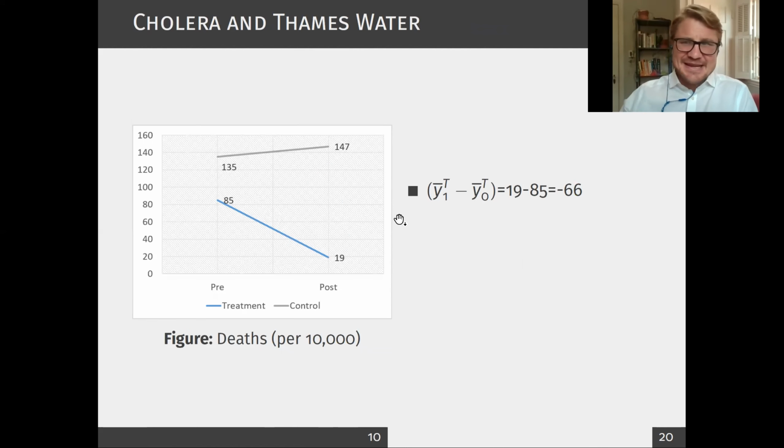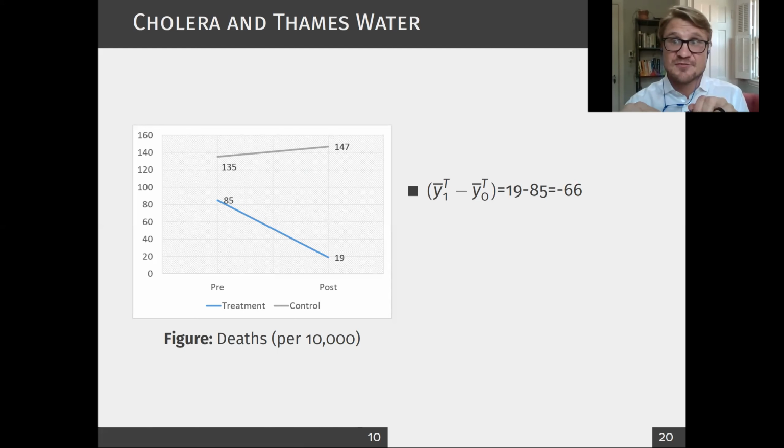And so let's quickly revert back to this cholera case that the king of diff in diff, John Snow, discovered for us. In this case, you have the treated group. The trend in the control group increases from 135 to 147. This is the number of deaths per 10,000. Sorry, I misspoke earlier. The treatment group, because in this case the treatment is clean water, right?